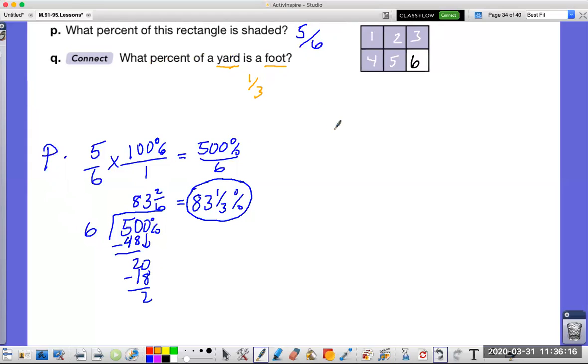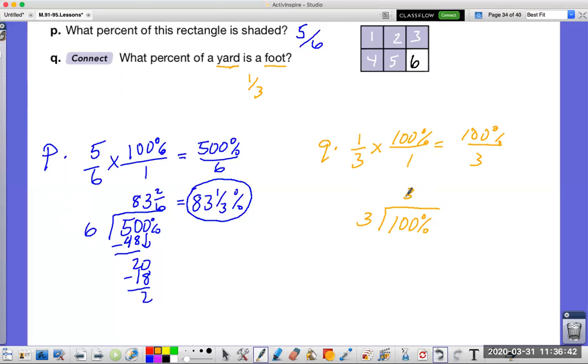You guys might actually remember that from previous work that we've done today, but if you don't, you just take 1/3 times 100%. Remember, you're just multiplying times 100%. And I got 100% in the numerator, and I have 3 in the denominator. So when I do that, it's just 100% divided by 3.